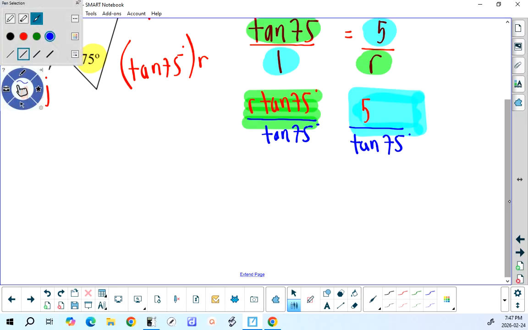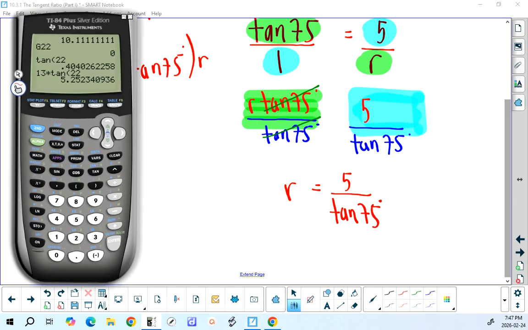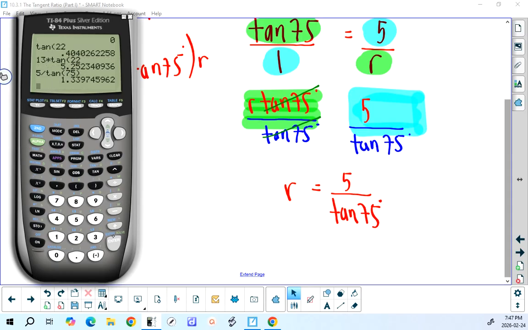Of course, what happens there is these cancel, and you're left with r is equal to 5 over tan 75. And now we can go to the calculator and figure out what that is. 5 divided by tangent of 75 gives me about 1.3 for r.